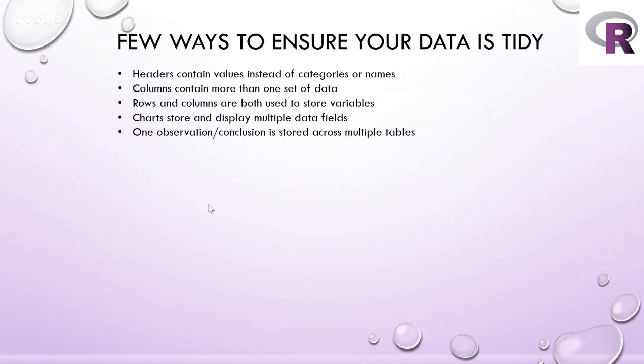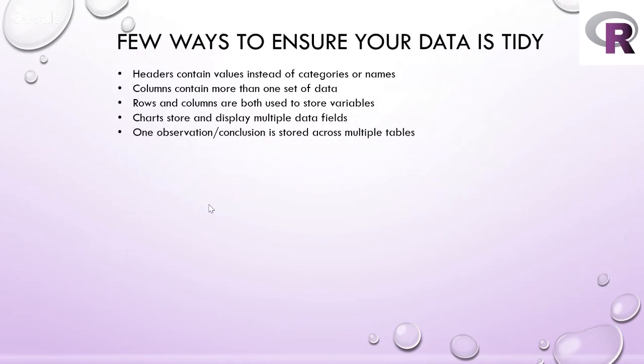Some other examples: columns may contain more than one set of data. For example, the column name is country, and the data in it is Perth, Australia. That doesn't go with the variable form, so we need to clean that or make it meaningful.